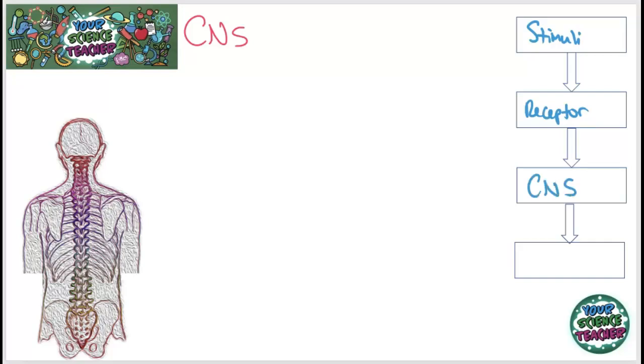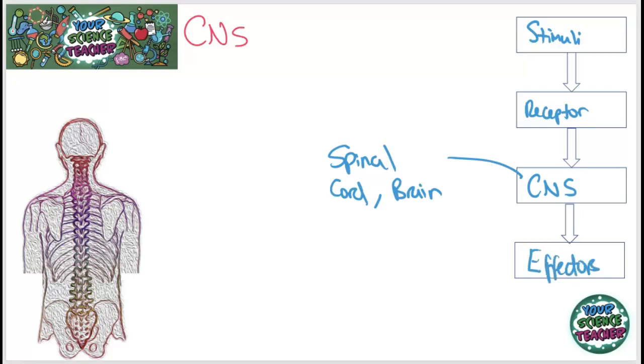Our central nervous system basically involves our spinal cord and our brain, and this is what coordinates our response, and it sends it back to our effectors, and this is how we make a response.